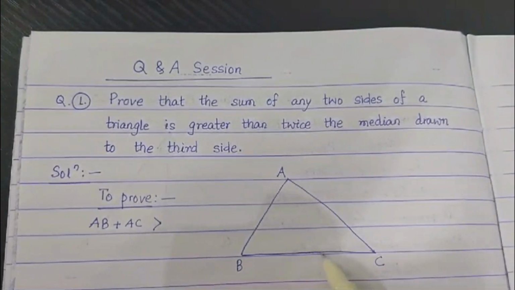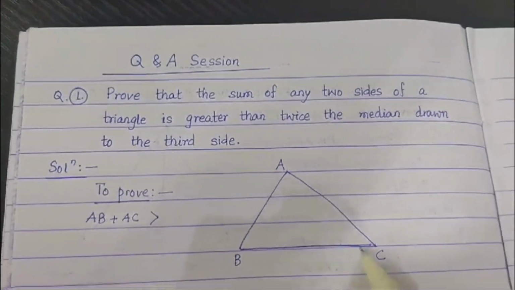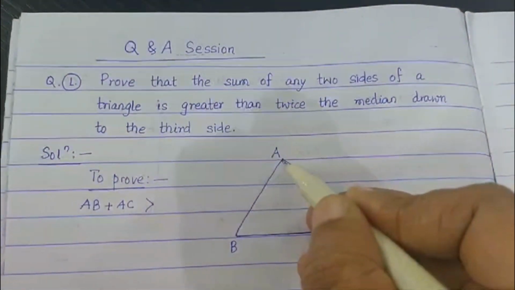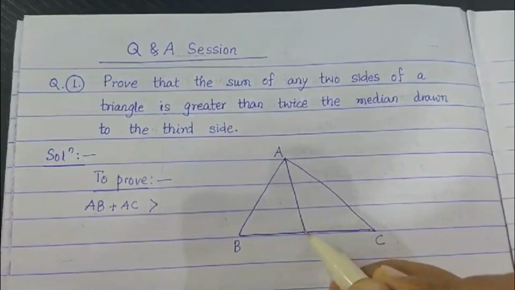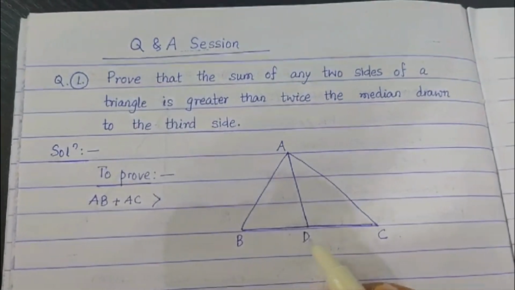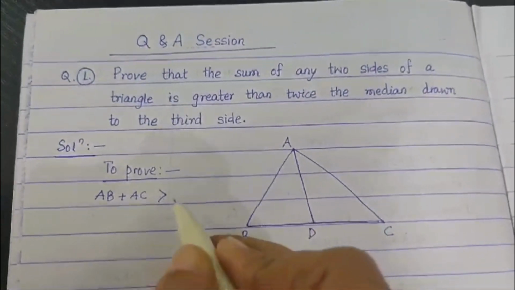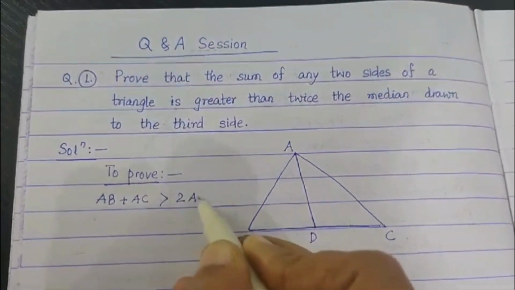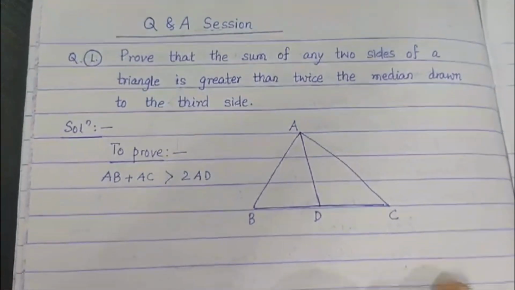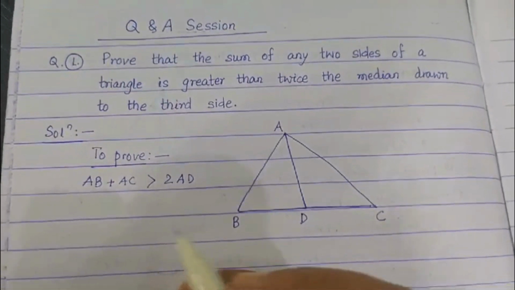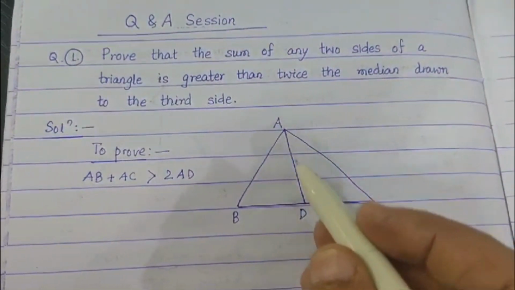Let us draw the median on this side BC, like this. Let us name it D. So AD is the median, so it is twice of AD. This is what we have to prove. Now you know the median, what is the property of a median?